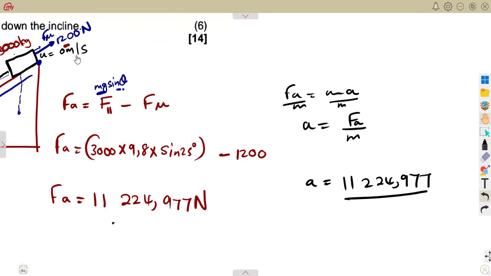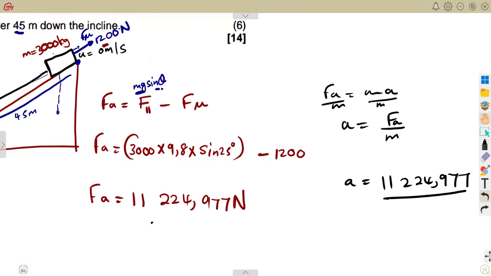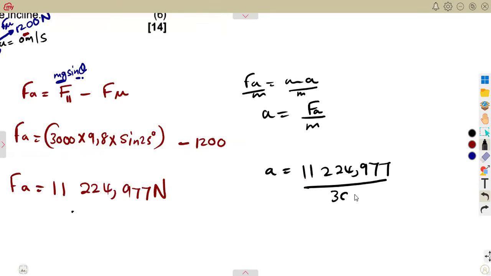That mass is 3,000 kilograms. So we're going to divide by 3,000. That will give us the acceleration. Actually, there we've got now the acceleration of 3.742 meters per square second.